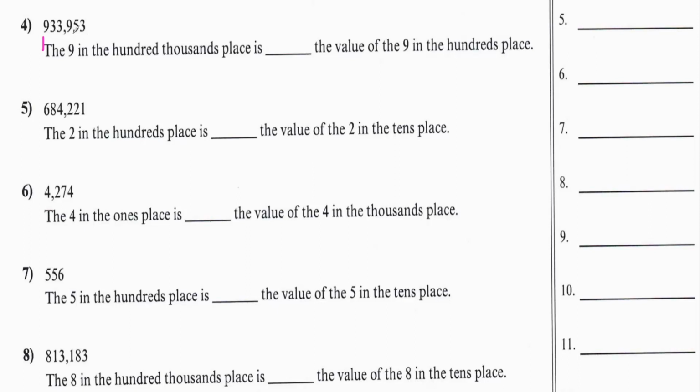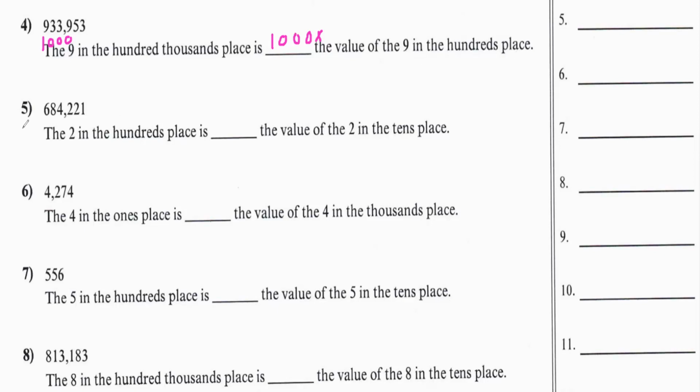So fill up all digits with 0. 1, 2, 3. So I'm putting the 0s on the right side of 1. So there is a 1000. It will be 1000 times the value of the 9 in the hundreds place.